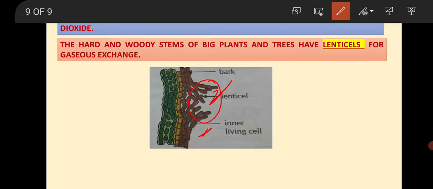Have you seen the intercellular spaces in between the cells? So having intercellular spaces allows the exchange of gases. Clear? So these loosely packed cells help in exchange of gases in plants.